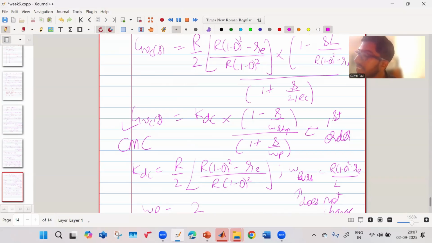And in the KDC expression, you are not seeing input voltage, right? So current mode control is very much robust compared to voltage mode control with respect to variation in input voltage. Okay, it can filter out the perturbations of input voltage.